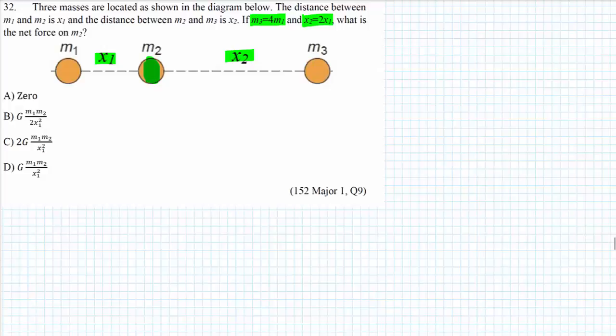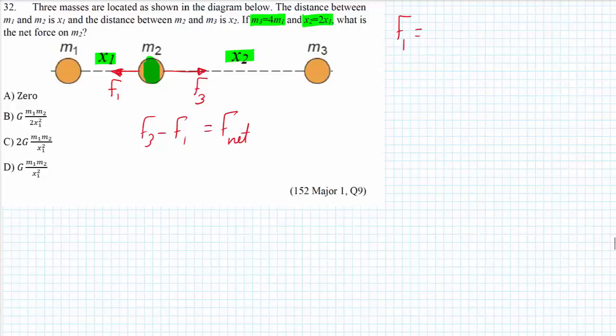So the mass M2 is subjected to two gravitational forces. A gravitational force toward M1, I will call it F1, and another gravitational force toward the mass M3, I will call it F3. So I need to find F1 and F3 and subtract F3 minus F1 to get the net force.